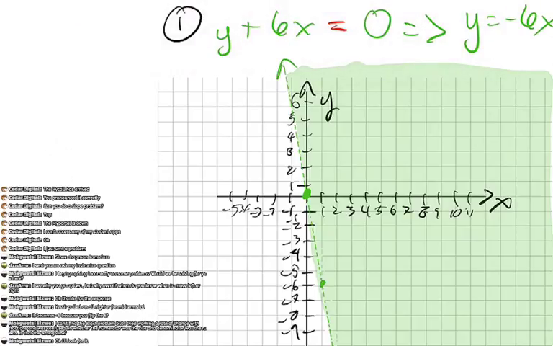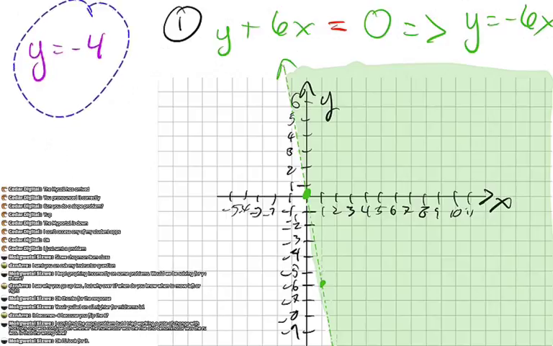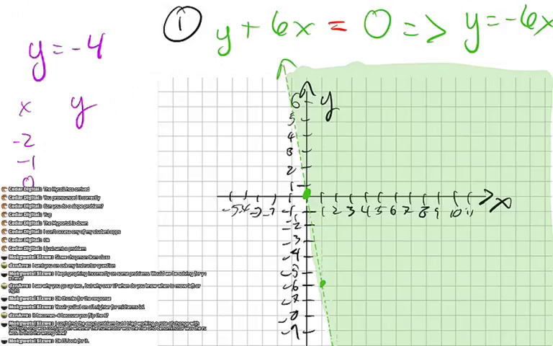So if we had y equals -4, and you wanted to plot points, what we're saying is that no matter what x value we choose, y is always going to be -4. So if we made a quick table of x and y, we can choose -2, -1, 0, 1, 2. It doesn't matter. Any x you choose, the y is always going to be -4.